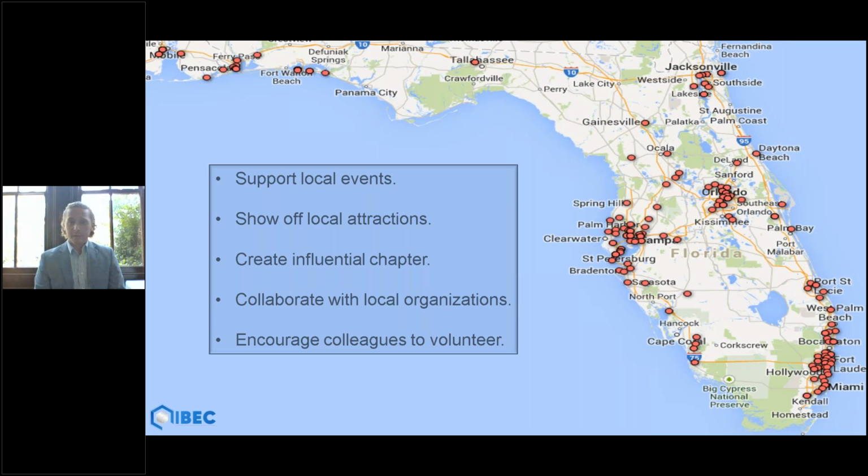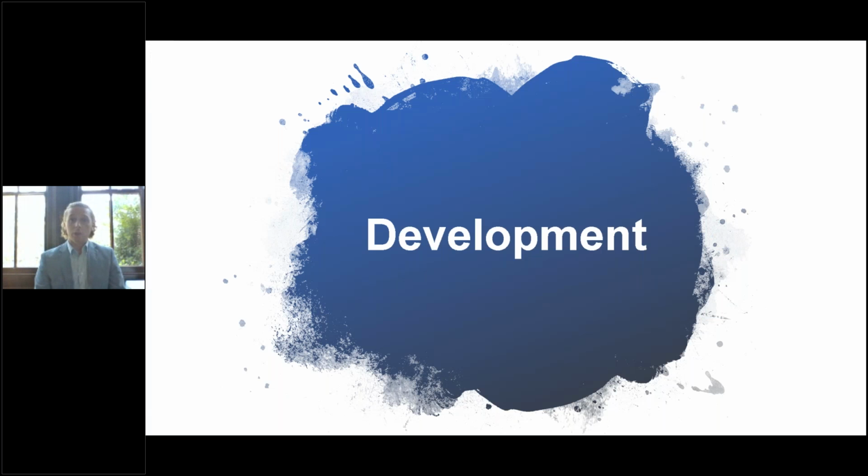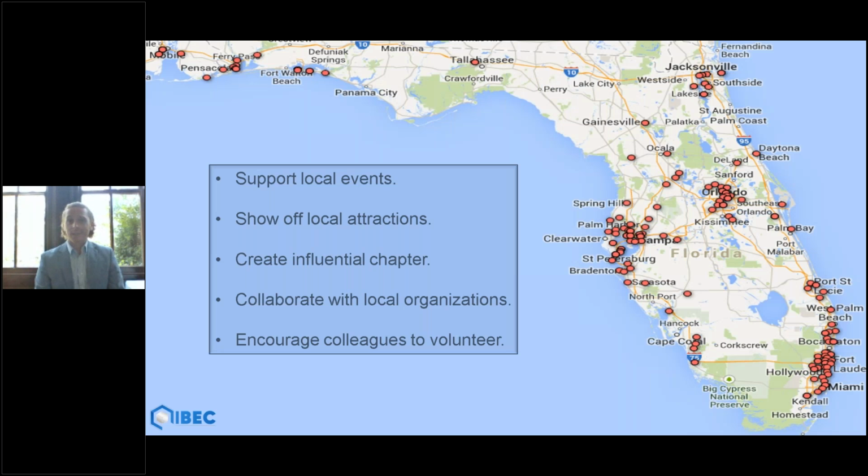And lastly, word of mouth is so strong. If you work in a large office, I always encourage IIBEC members to bring their colleagues and friends to the next chapter meeting. This is kind of a no-brainer, but oftentimes people as an IIBEC member, they don't always engage the folks closest to them, and they think that they need to engage people at another company or another organization.